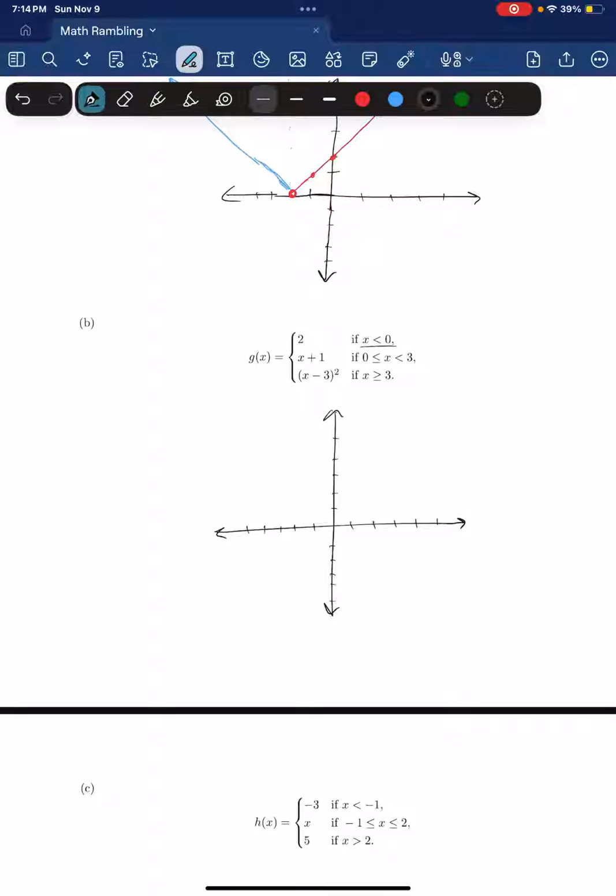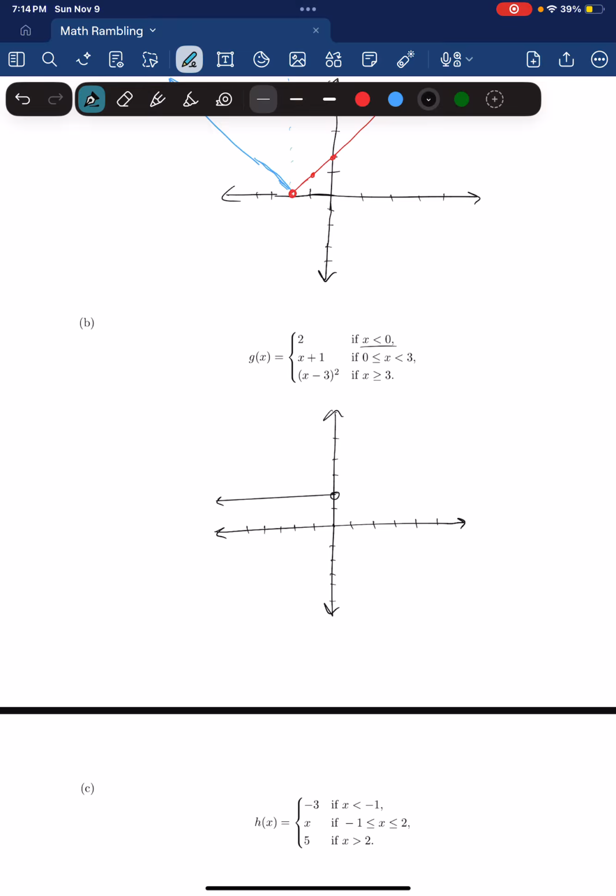So here's 0. Here's the line g of x equals 2, and I'm going to stop once we get to 0, and place an open circle there, since it's only if x is less than 0.